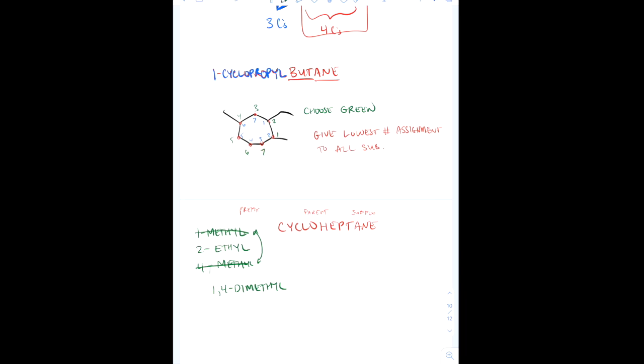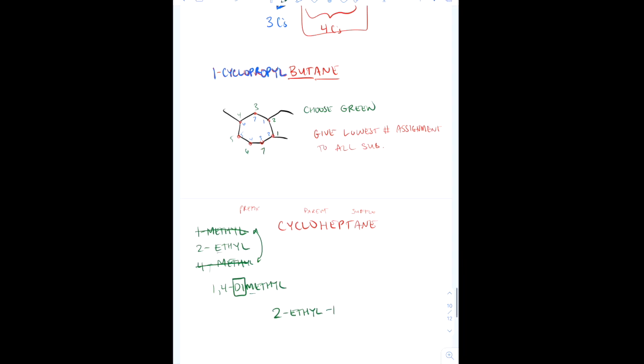cycloheptane, right? And so remember also that the D in di isn't used for alphabetizing the substituent. And so what we want to do is go with the 2-ethyl first because E comes before M. Okay, 2-ethyl, and then we got a 1,4-dimethyl.